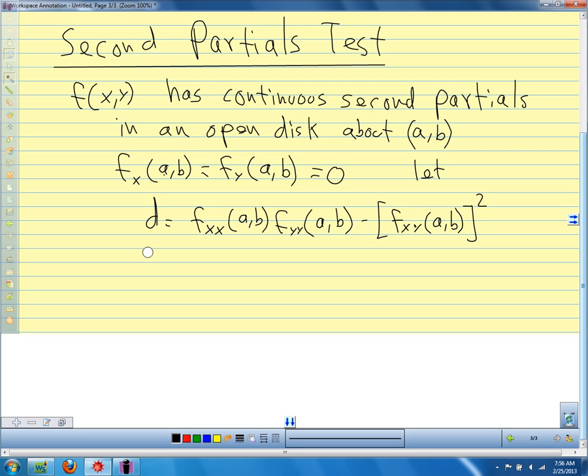A lot of books call this, it's kind of like our quantity in the quadratic formula, the part that's under the square root. We call it the discriminant. So we call this the discriminant.